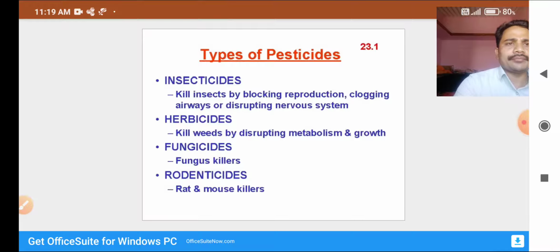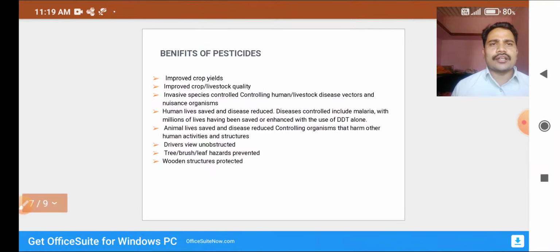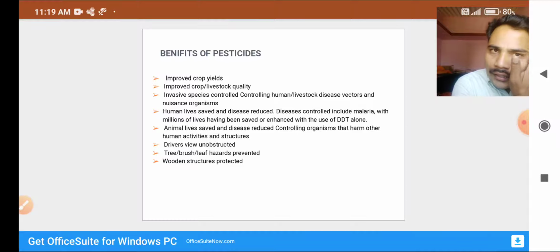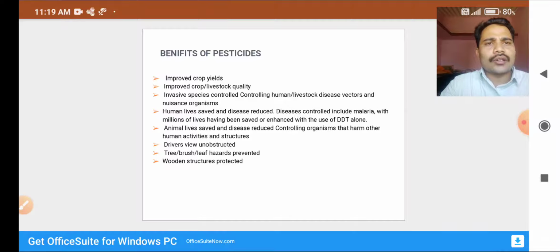Next, let's move on to the benefits of pesticides. What are the benefits? Pesticides are used to improve crop yield and livestock quality, to control invasive species, and to control human and livestock disease vectors and other nuisance organisms in the environment.